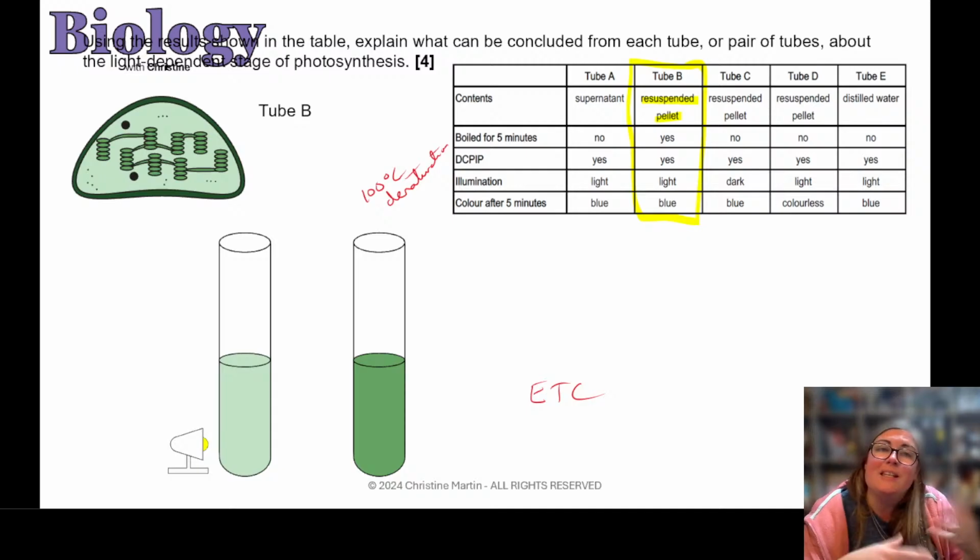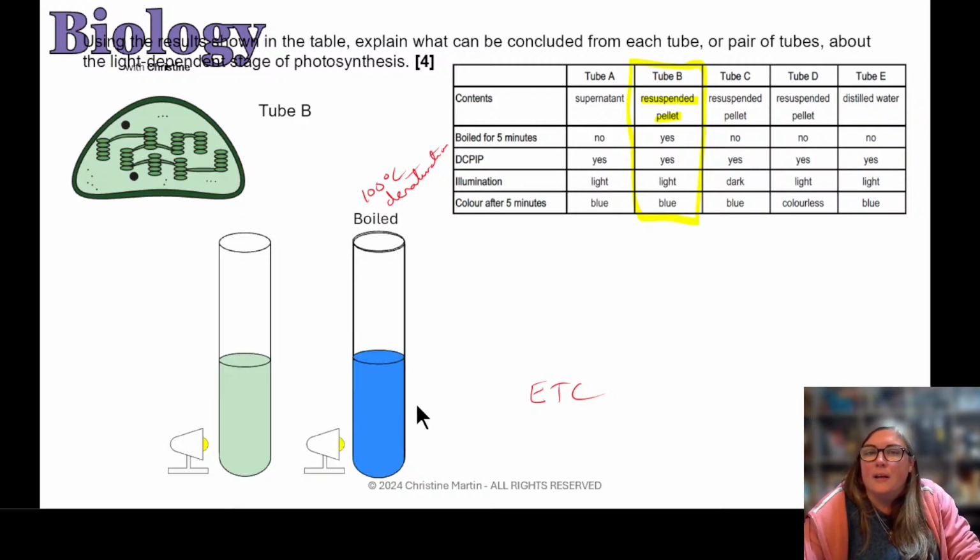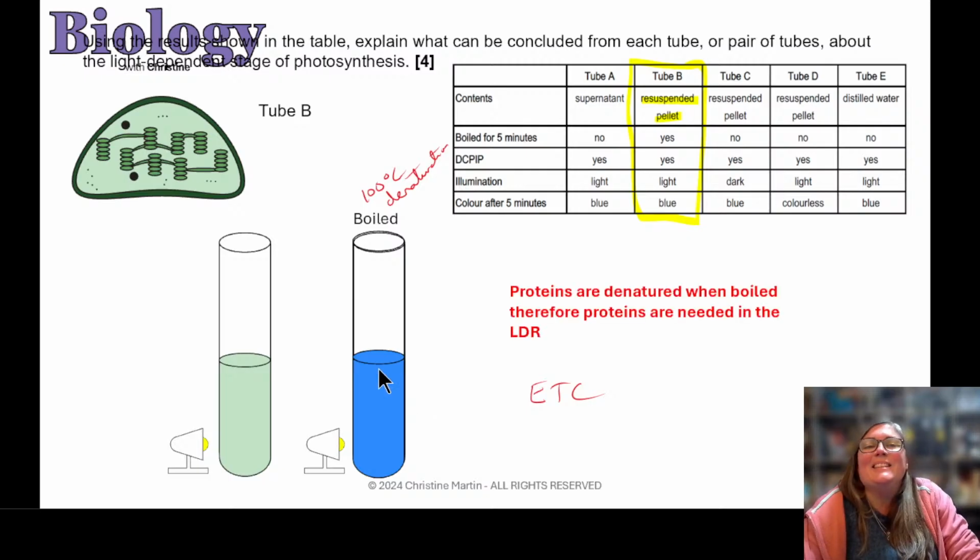So we're going to denature that by boiling this for 5 minutes. So if we boil it for 5 minutes, then we have got the DCPIP being added and the color doesn't change.